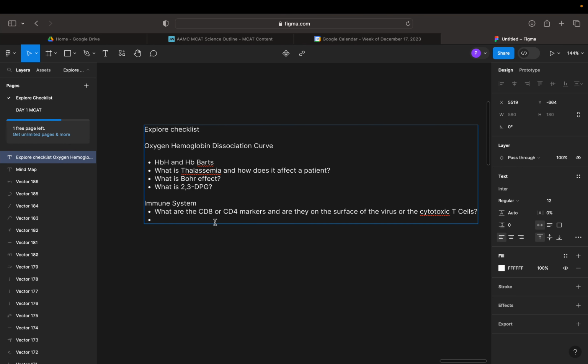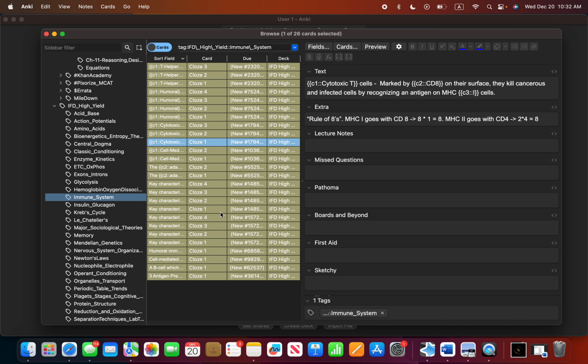Do we have 3? We'll figure out what MHC1 and 2 cells are. The cytotoxic T cells, again marked by CD8 on their surface, kill cancerous and infected cells by recognizing an antigen on MHC1 cells.